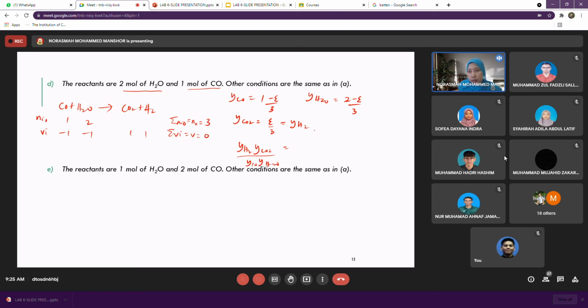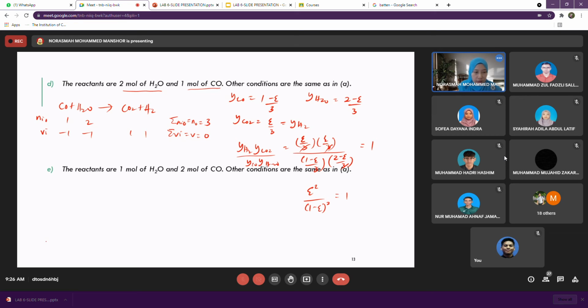So yang masukkan ni 1 minus ni bagi 3. Yang ni still satu ya sebab P dengan P0 tak berubah kan. So yang ni you boleh cancel. So you dapat epsilon square over 1 minus epsilon square equal to 1.